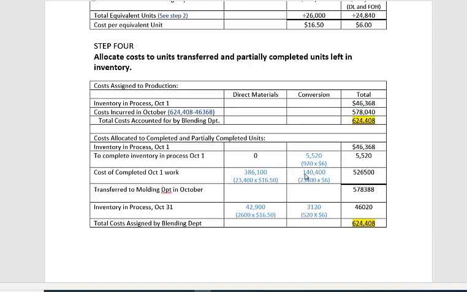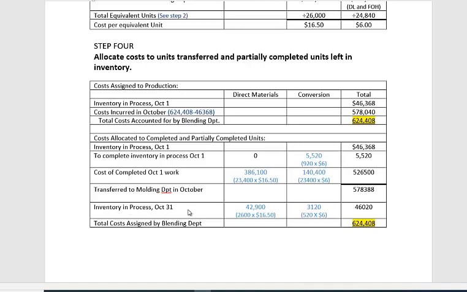We'll add the two figures together, and that comes out to 526,500. So if we add all these three costs together, we're up now to 578,388.